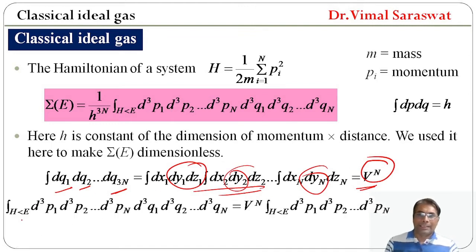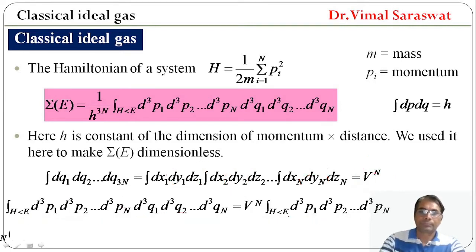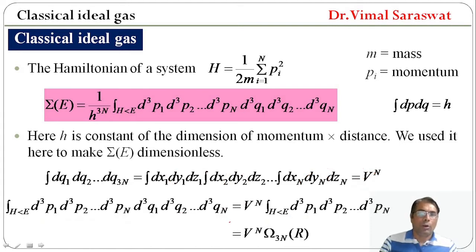Therefore the integration over H less than E of d3p1 up to d3pn, d3q1 up to d3qn is equal to V raised to n times the integration over H less than E of d3p1 up to d3pn, and this will be V raised to n omega 3n r.